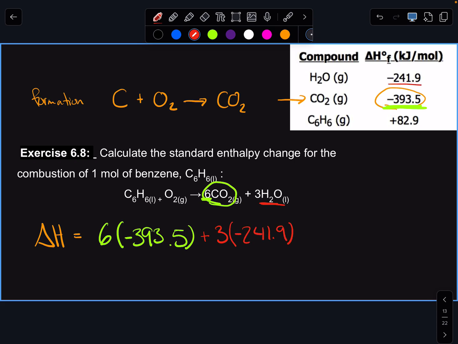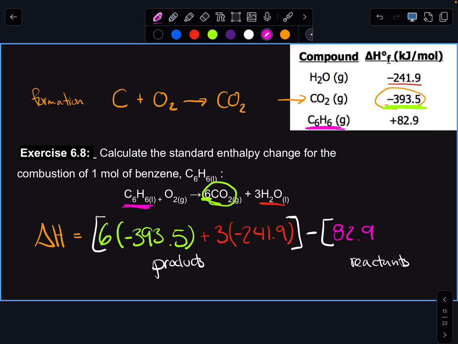I'm going to put brackets around that to show, hey, these are all my products together. And then I'm minusing the reactants. My reactants here are C6H6, which is right here, so that would be 82.9.